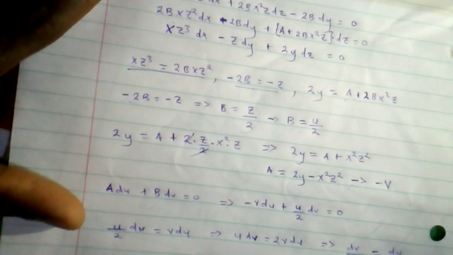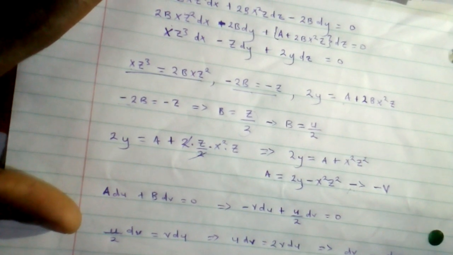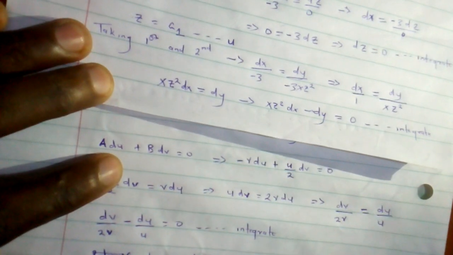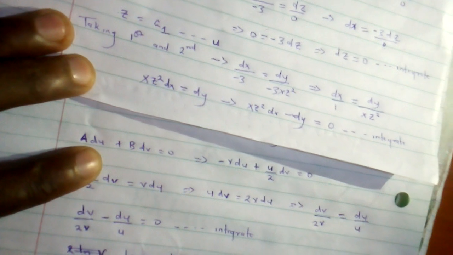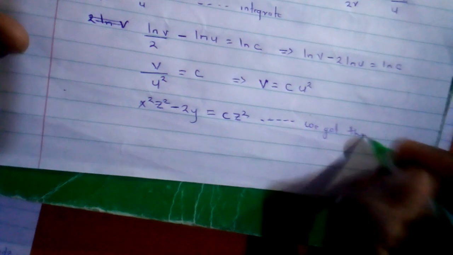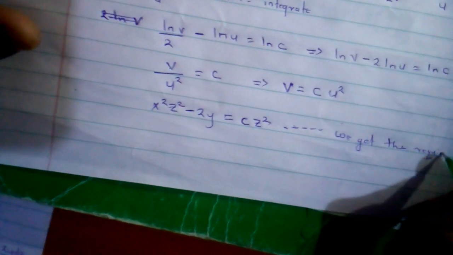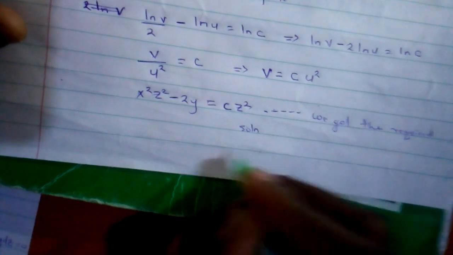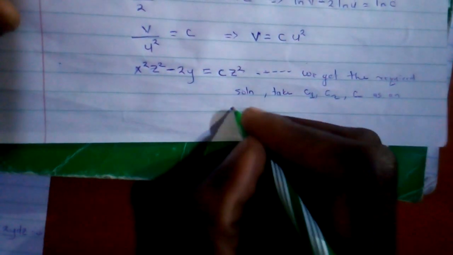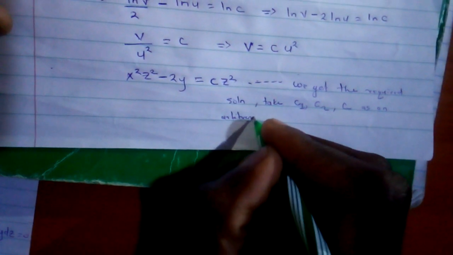We equate that to be a constant c z squared. Reaching that point, we get the required solution, taking C1, C2 and C as an arbitrary constant.